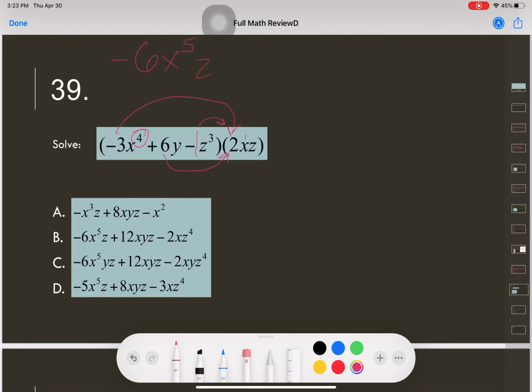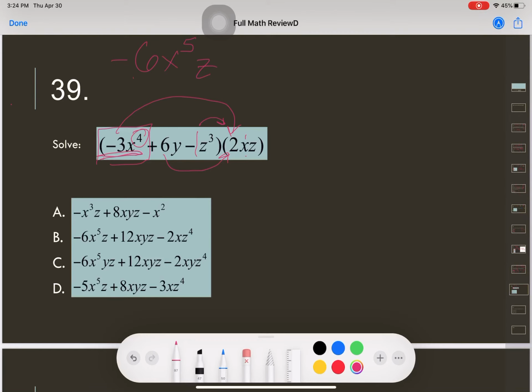And then z. So just looking at that before we even go any further, this is a really wise tip. If you know for sure you've done this part right, where you've said negative 3x to the 4th times 2xz, so negative 3 times positive 2 is negative 6.